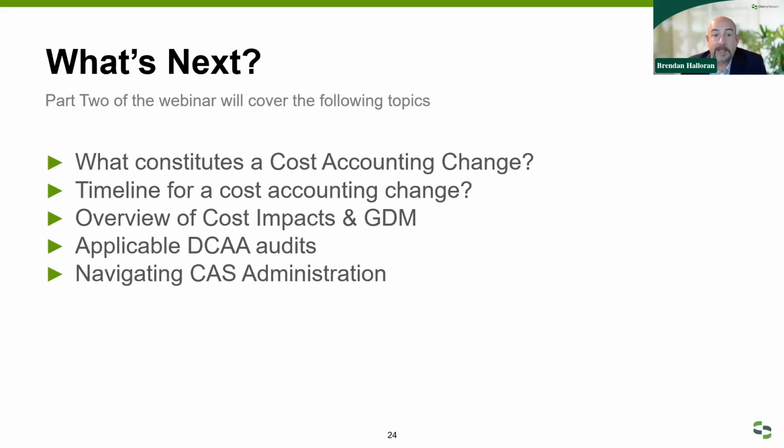And then lastly, a little bit more to give folks an understanding of what that CAS administration process looks like, submitting a disclosure statement, and preparing for a change, or looking at impacts to particular CAS covered contracts. So hopefully this gave you a little bit of a taste for the topic, and these should be some areas that folks, once you're at that point, are going to need to have as tools to work forward.